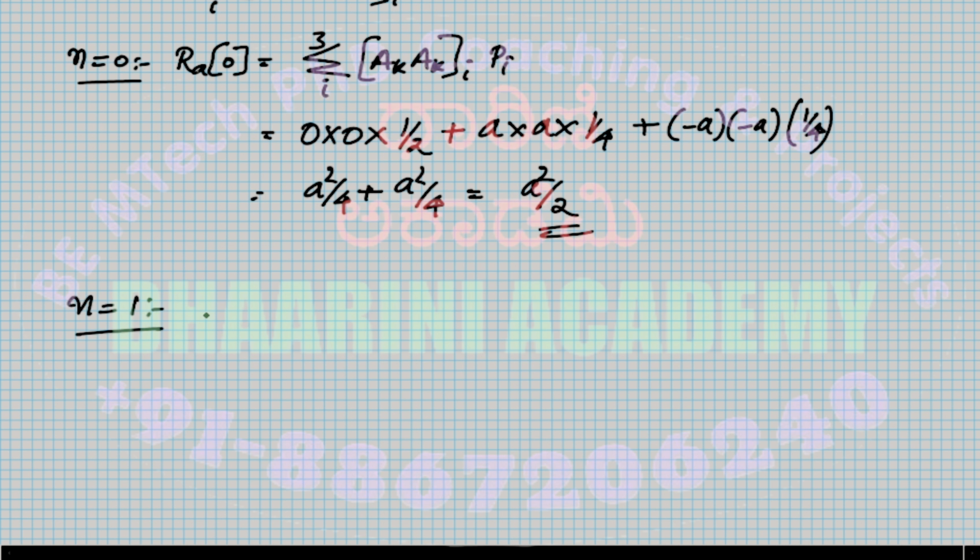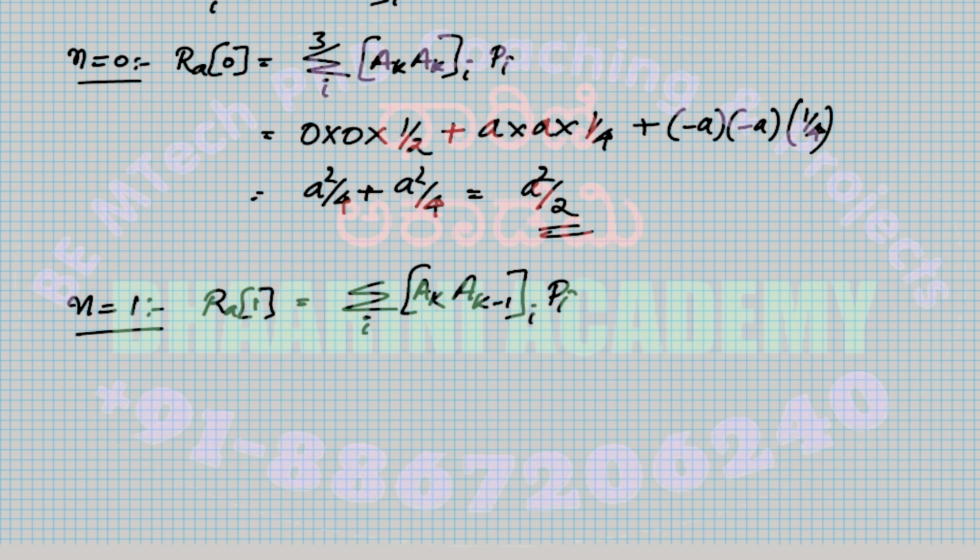So n equal to 1 means it is R_A of 1 that I am calculating. So that is equal to summation I. I don't know how many terms. Let's write that later. You see, you are writing AK into AK minus 1, right? I into pi. What do you mean by AK minus 1? It means you are trying to take an AK and its next symbol, not the same symbol.